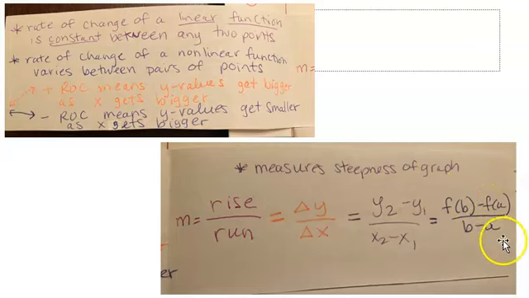If I'm going to do this interval from a to b instead of from x1 to x2, when I plug in that a, I'm going to get f of a for my y value, and when I plug in that b, I'll get f of b for that y value. So I'm still doing y2 minus y1, I'm just changing the way that I write it as f of b minus f of a, and I'm still doing x2 minus x1, it's the same calculations, I'm just changing the letters to b minus a.